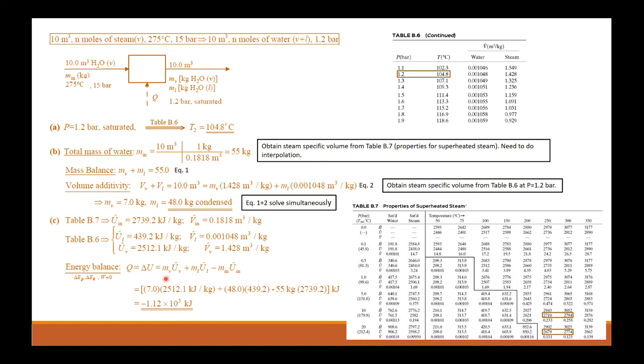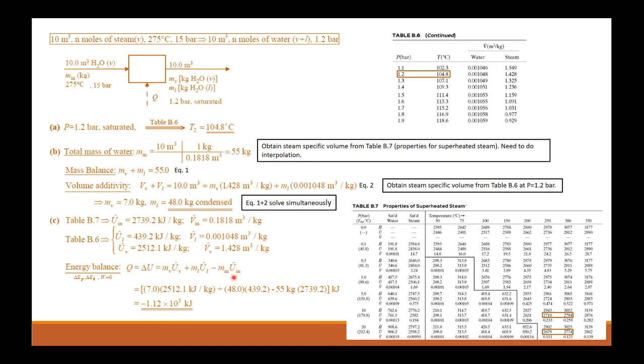Now delta U is out minus in, right? So this is a total energy balance equation. So we already found MV, ML, and we also have M in here.